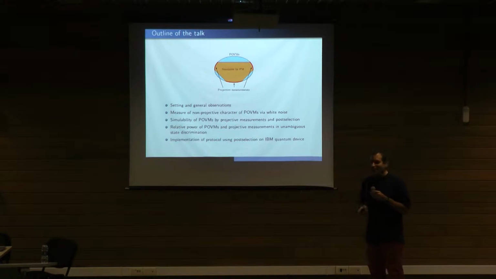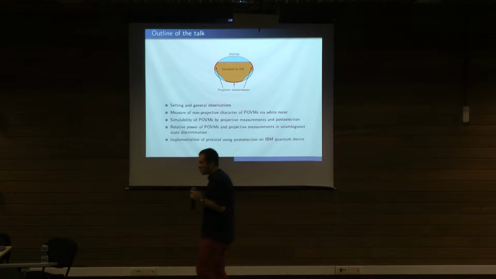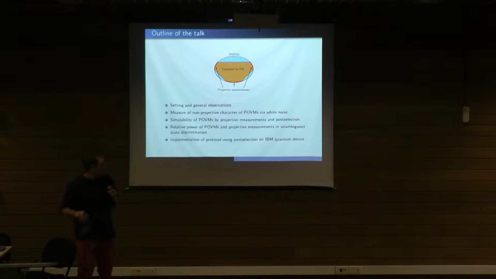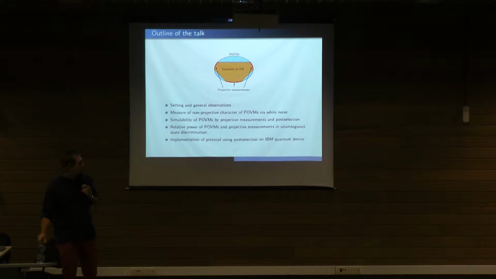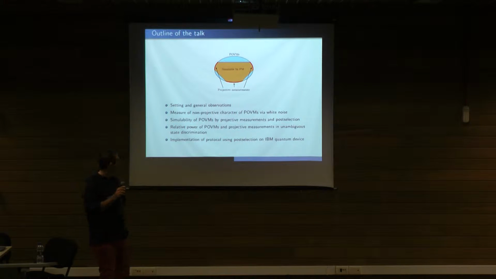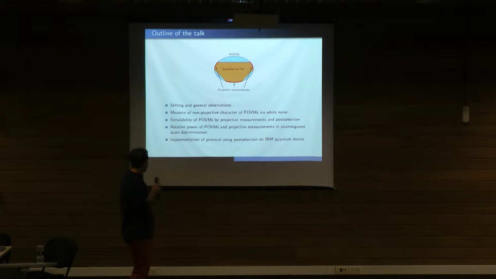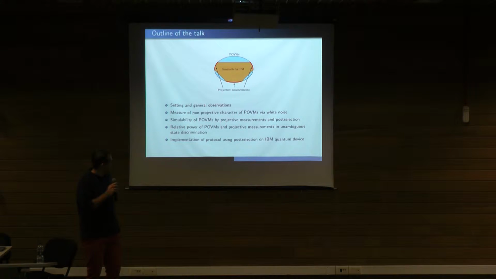And that's the outline of the rest of the presentation. First I will introduce some setting and general results. Then I will introduce some measure of non-projective character of measurements based on white noise that you add to the measurements. Then I will address the question of what measurements can be simulated when you allow for those classical resources and post-selection.